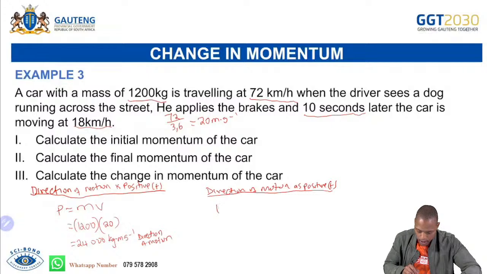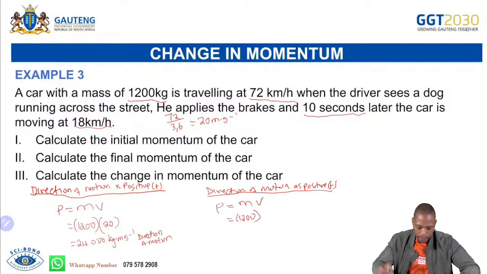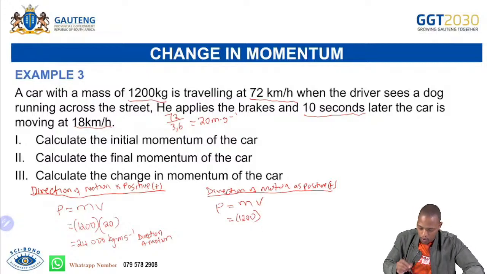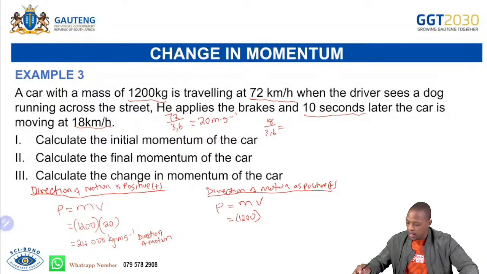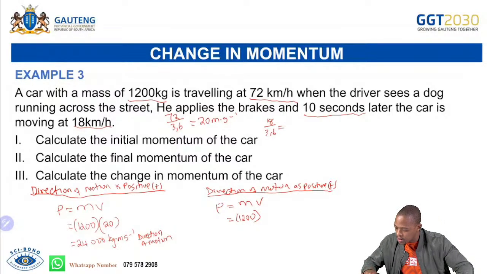So I'm going to say P equals mv, where m equals 1200 again, because we're still talking about the same car. Now we have to convert the speed of the car, so we have to do 18 over 3.6.